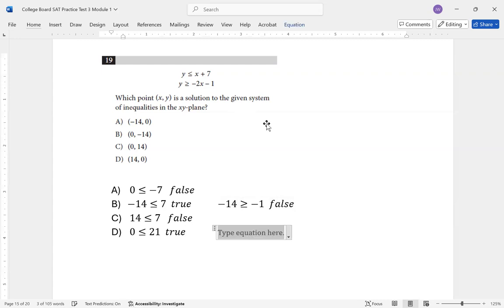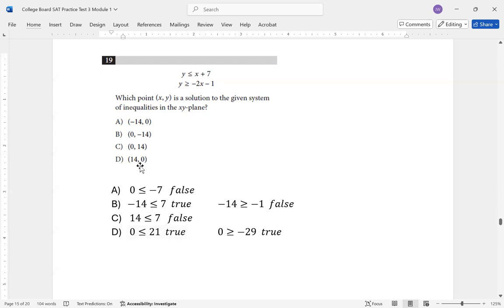And into the second inequality, I end up with 0 greater than or equal to negative 2 times 14 minus 1 gives me a negative 29. And that's also true. Oh, I forgot the or equal to. So greater than or equal to.